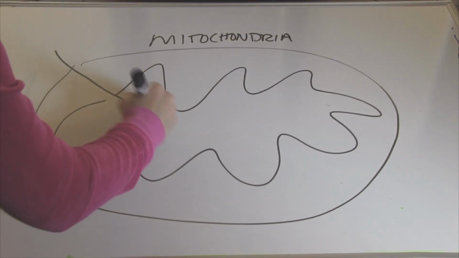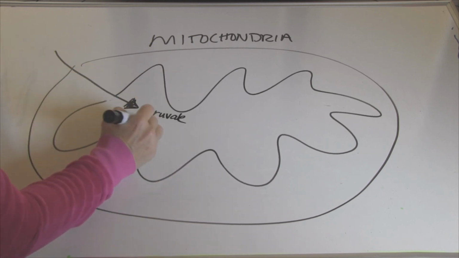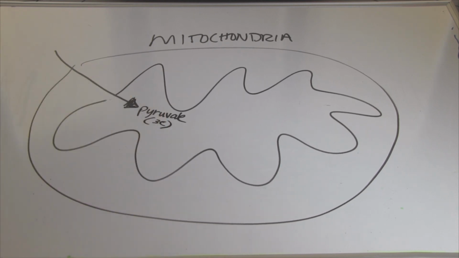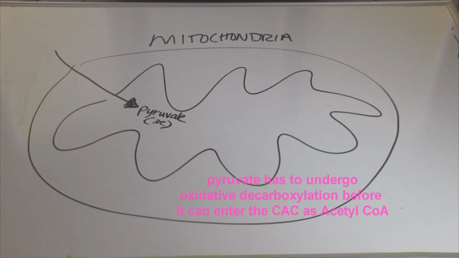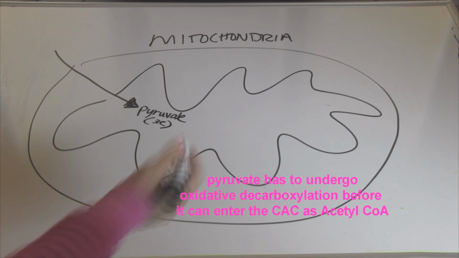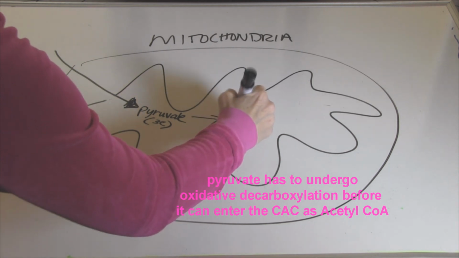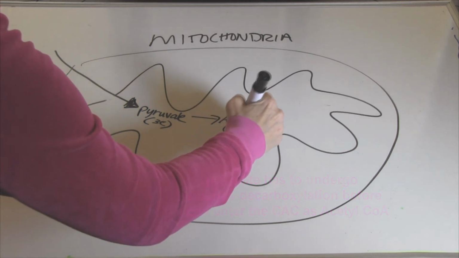So in here is our 3-carbon molecule of pyruvate. This pyruvate is going to have to be oxidized and decarboxylated before it goes into the Krebs cycle. We'll talk about that in a minute, but let's just overview.